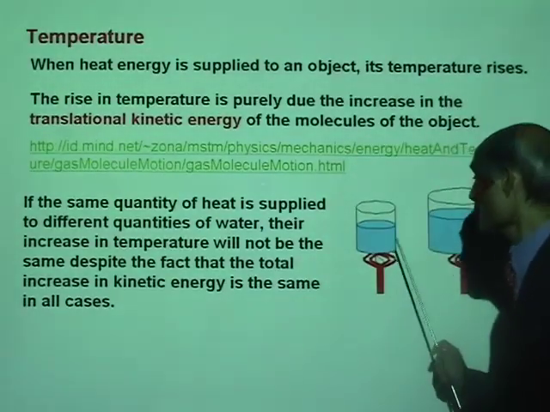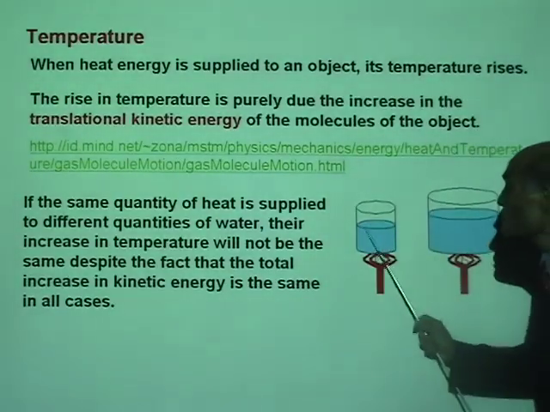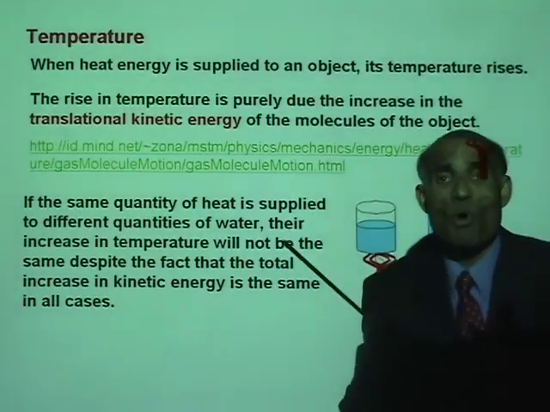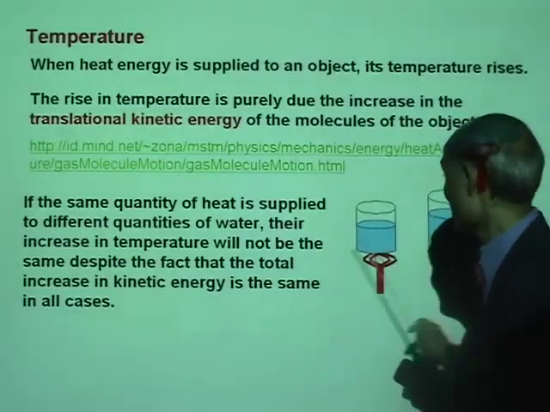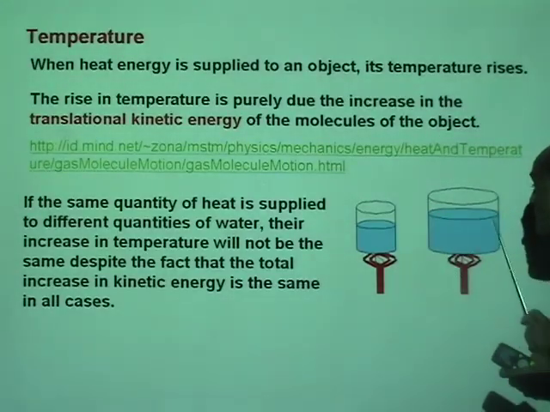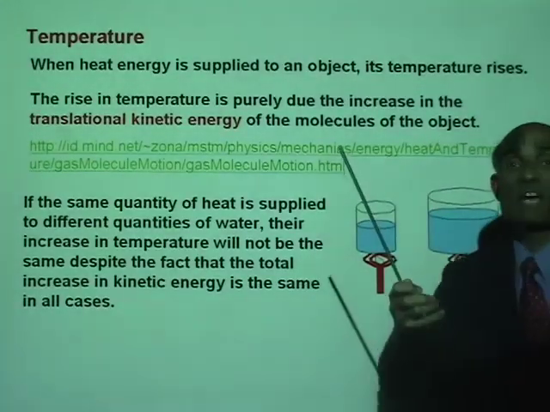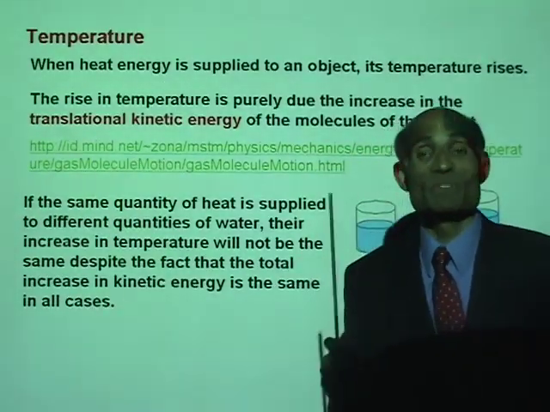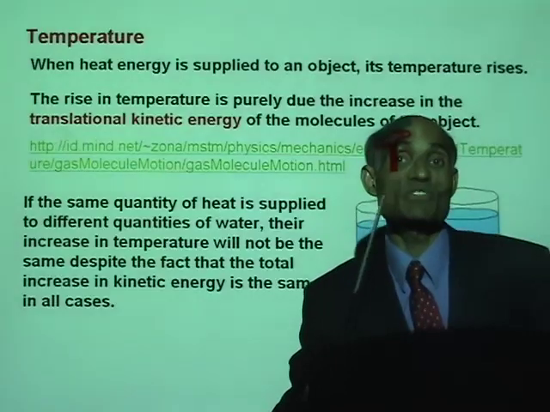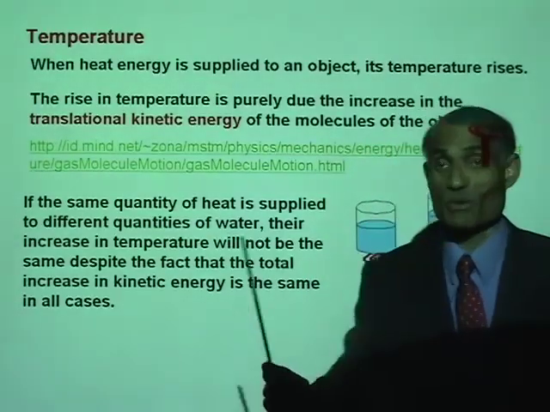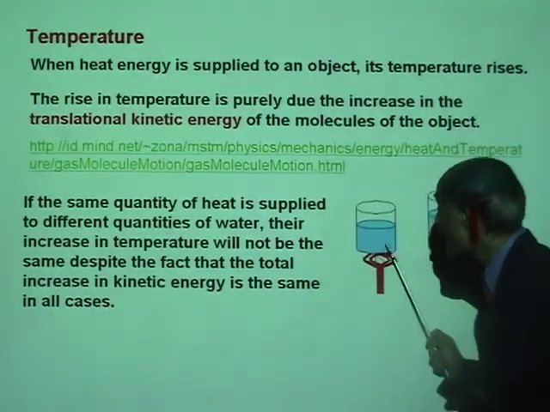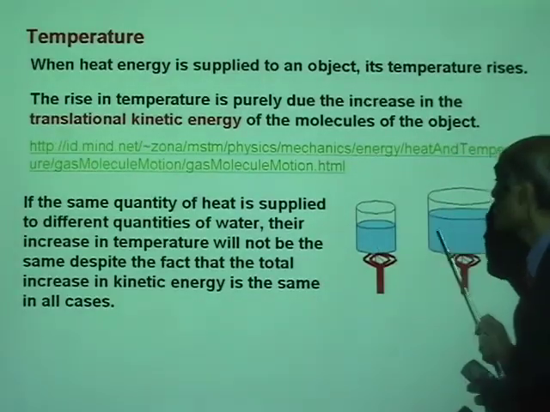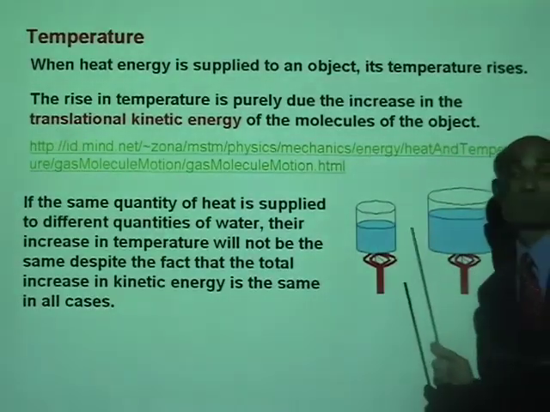Because the amount of heat you supplied in the small beaker is shared among a small number of molecules, and the amount of heat supplied to the big beaker is shared among a large number of molecules. That means the increase in energy per molecule will be greater in the small beaker than in the big beaker.